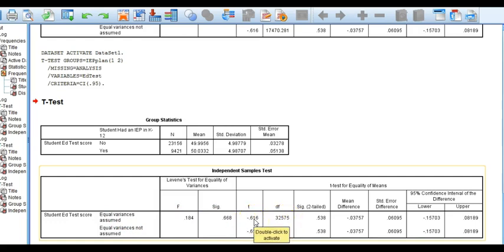Okay? If we did violate that, so say it was 0.03, and we could not assume that our variances are equal, or the equality of variances is not assumed, then we'd use the bottom row. But again, in this example, they're the same. So we'll be using the top row for our test.